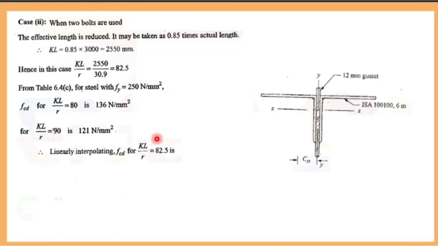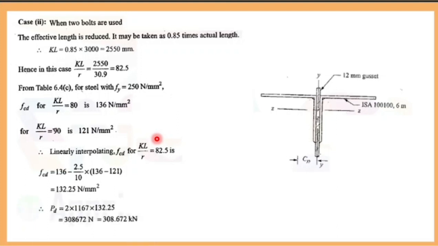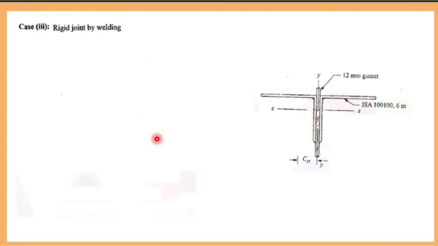You have to look it up for 82.5. For 82.5 it is 132.25. Now you multiply this with the area, and you will be getting the answer, .6 kilonewton. Now the third case, rigid, that is welding.